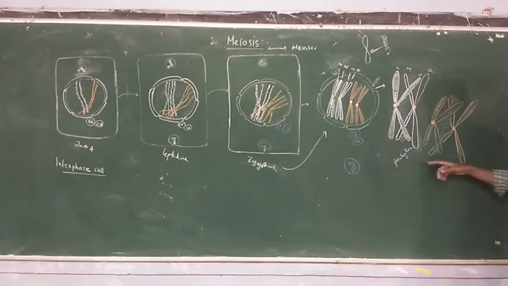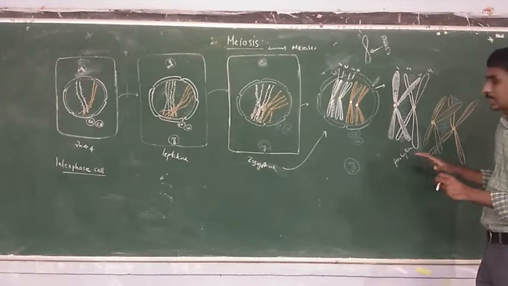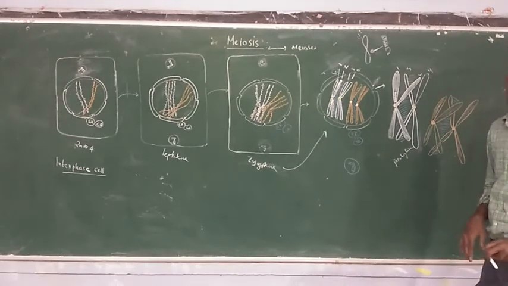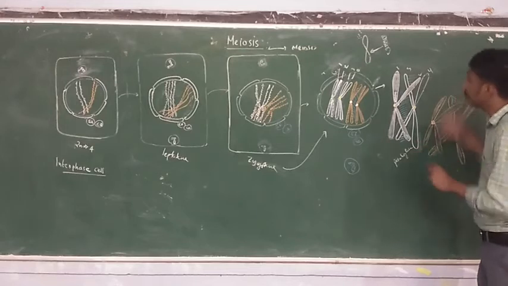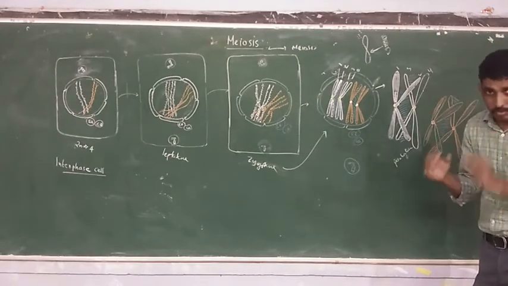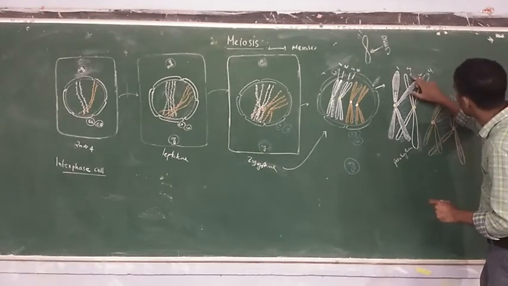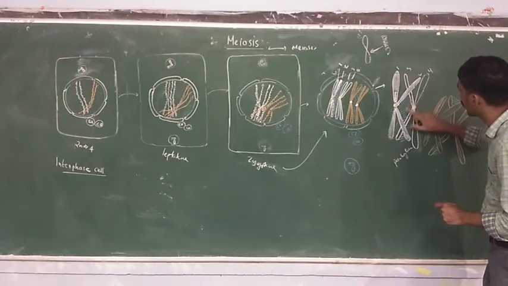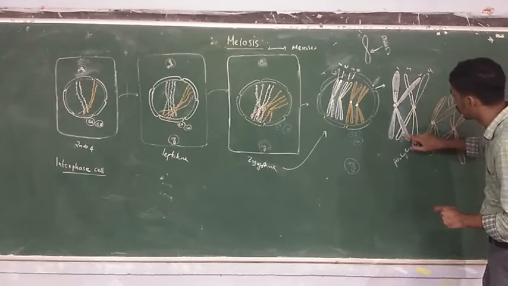When we move into the next stage, the diplotene stage, I have not drawn the diplotene stage here. When we move into the diplotene stage, only one event occurs. The synaptonemal complex, which is a protein, slowly disintegrates or dissolves.